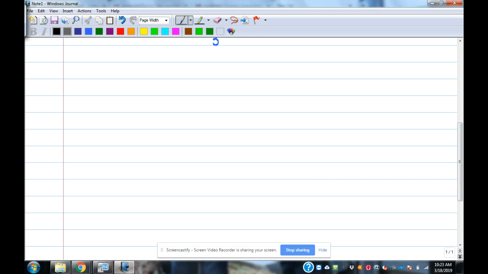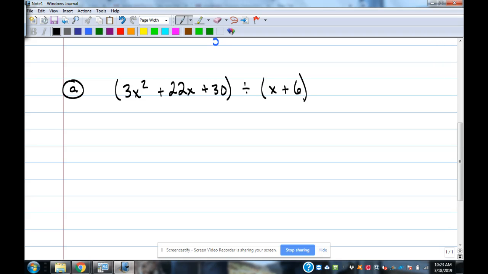When you take two polynomials, and this will be our first real polynomial example, we're going to take 3x squared plus 22x plus 30. We'll start out with an easy one and divide it by x plus 6. Okay, so a quadratic divided by a linear, which is fairly easy.